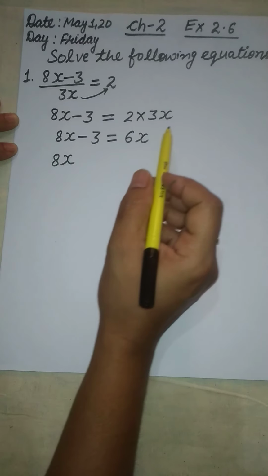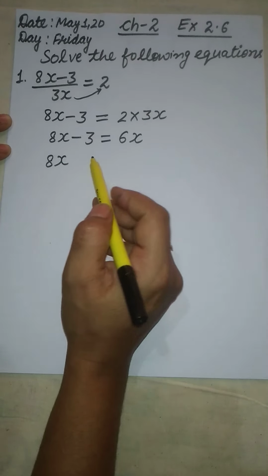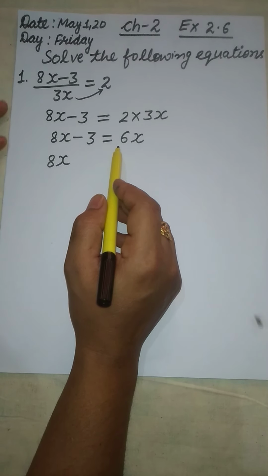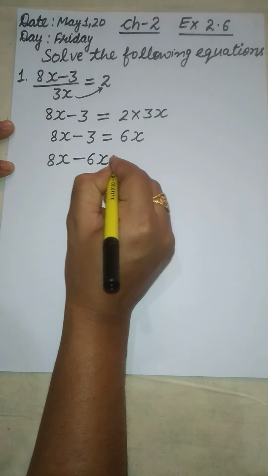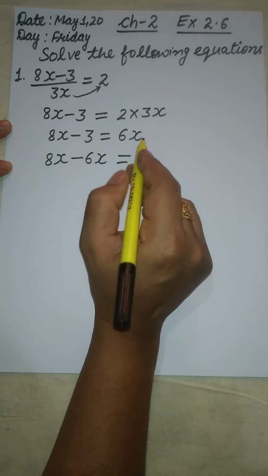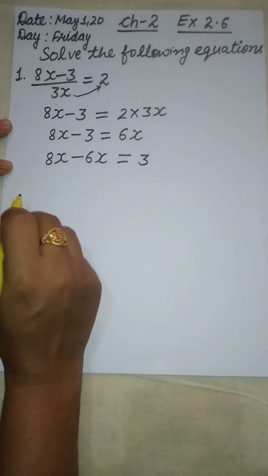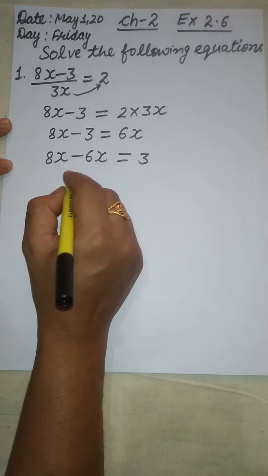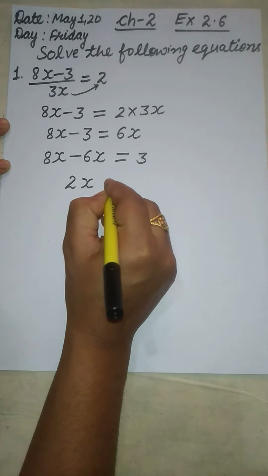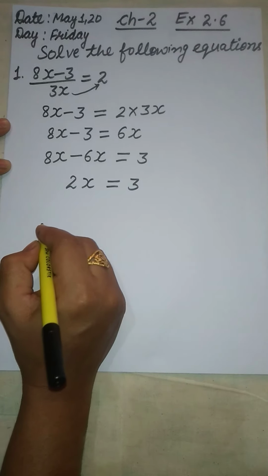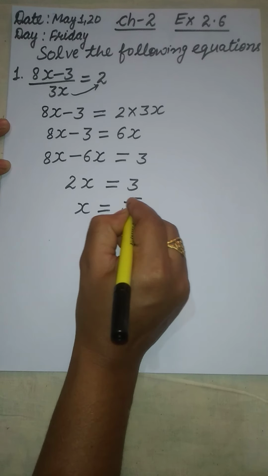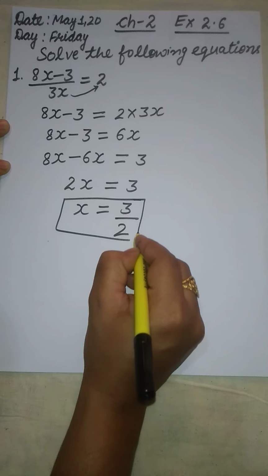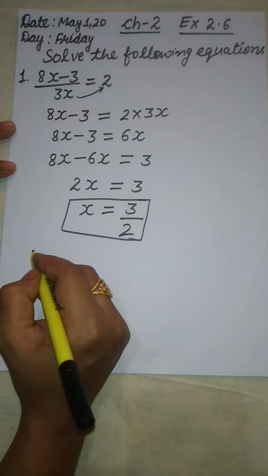Now we will transpose the variable terms to the left side. 8x minus 6x and the constant terms to the right side is equal to 3. 8x minus 6x is equal to 2x is equal to 3 and the value of x is equal to 3 by 2, which is the required answer.